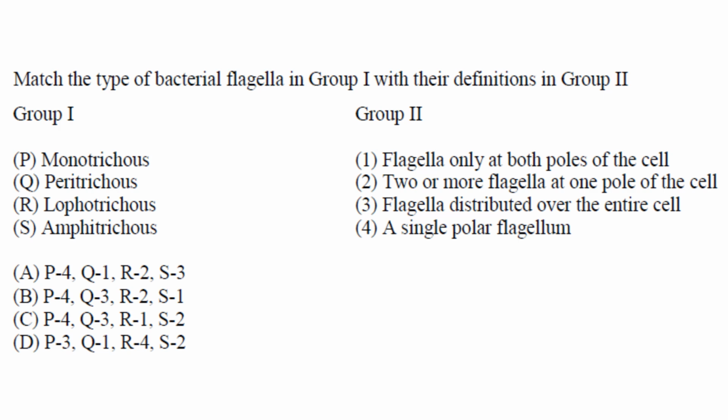Lophotrichous is two or more flagella at one pole of the cell, and Amphitrichous is flagella only at both the poles of the cells. So the answer here is option B, that is P4, Q3, R2, S1.